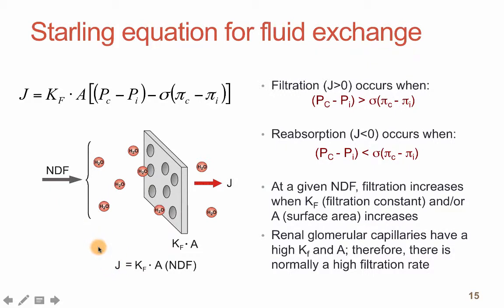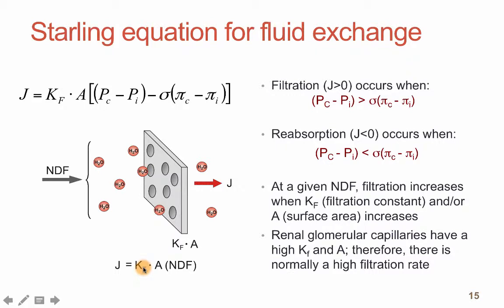The flux of fluid is going to be related to the net driving force, which is our hydrostatic pressure minus our oncotic pressure gradient, multiplied of course by sigma. And it's also directly related to the surface area available for filtration. So if you have a large number of capillaries, you have a greater surface area for filtration, so you're going to filter more fluid across the capillaries. And it's also related to the capillary filtration constant.